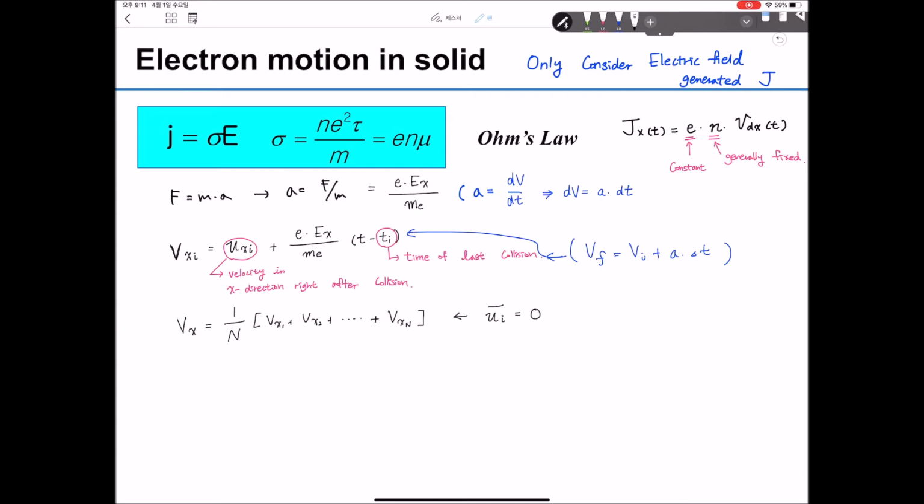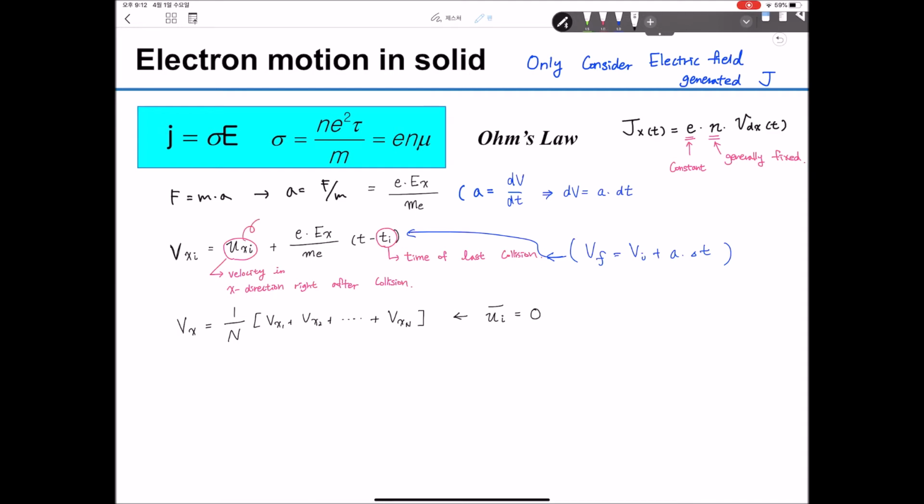As I have said, right after collision, all electrons will bounce off the vibrating atom and have a certain amount of velocity along the x direction. But if you add all the velocities of all these electrons, then the net uxi is 0. So what this means is that you can take this part away.